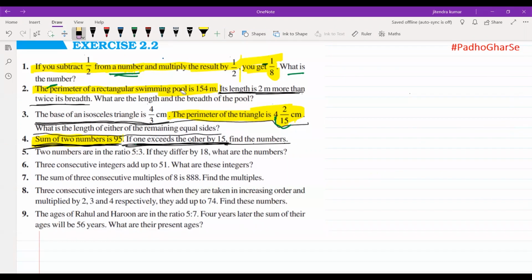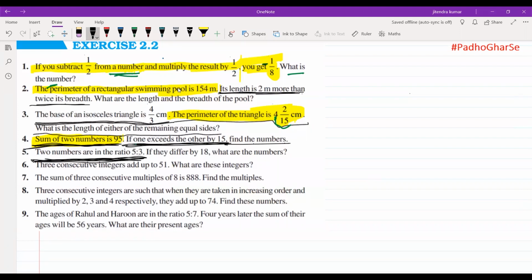Now in question number 5, it is a type of question where ratios will be given. Two numbers are in the ratio 5:3. What is the meaning of this line? This is very important.